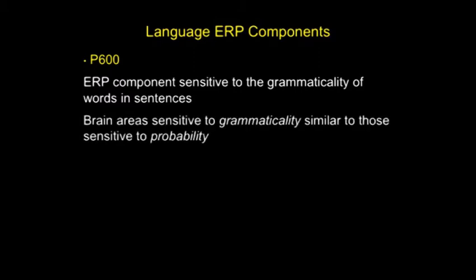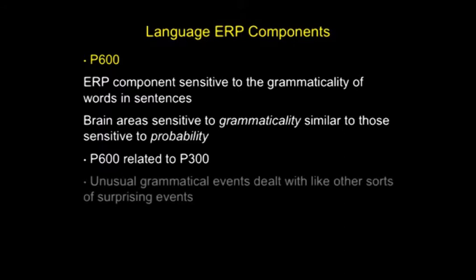It seems that the brain areas involved with dealing with the grammaticality of a sentence are quite comparable to those that deal with probability. And there is indication that the P600 component is related to the P300 component that we just saw a while ago. So unusual grammatical events are dealt with like other sorts of surprising events. So the P600 increases when the stimuli are ungrammatical.